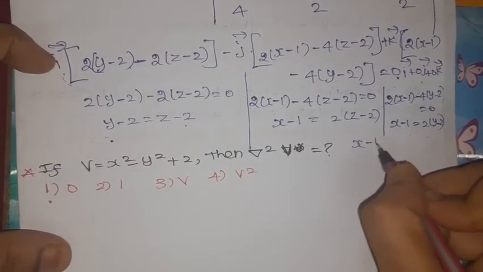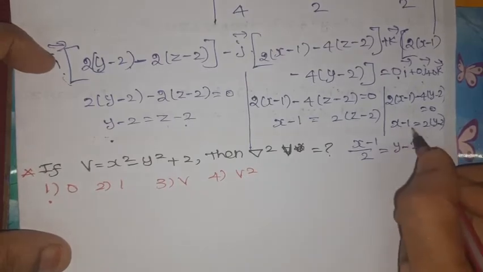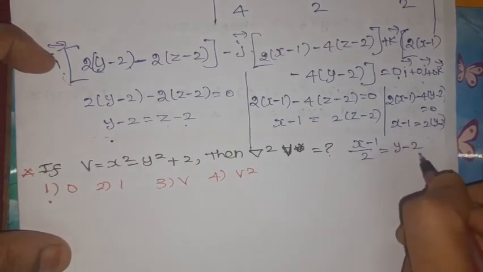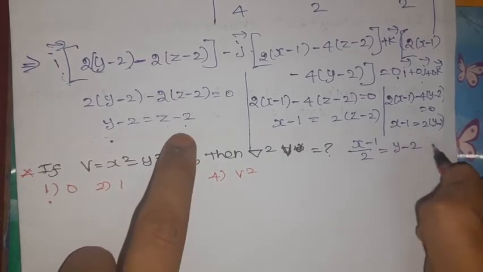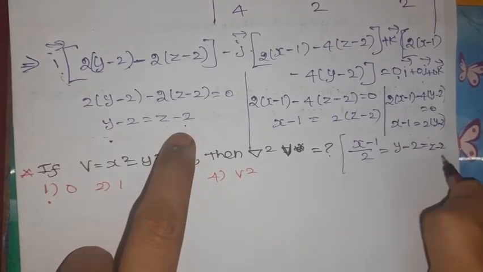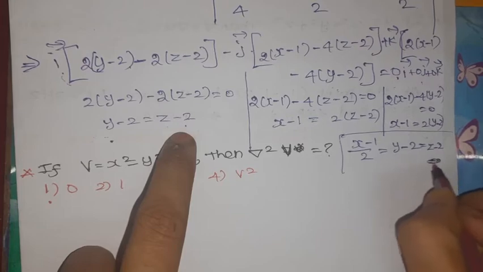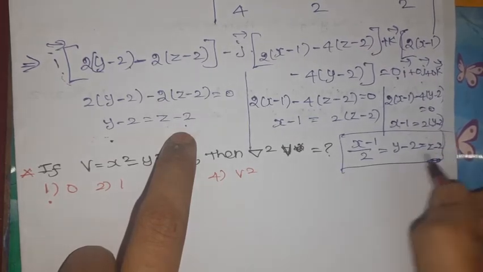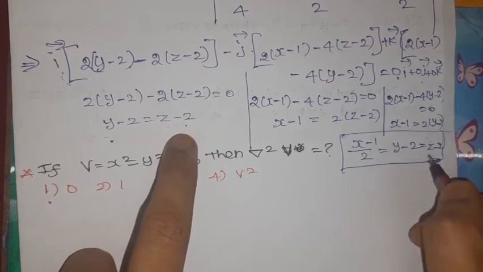So (x minus 1) by 2 equals y minus 2, and y minus 2 is equal to z minus 2.